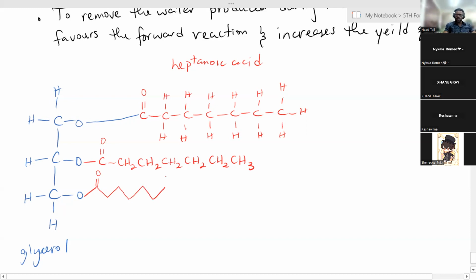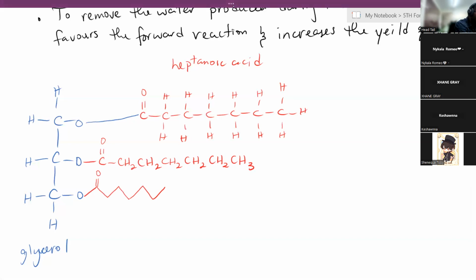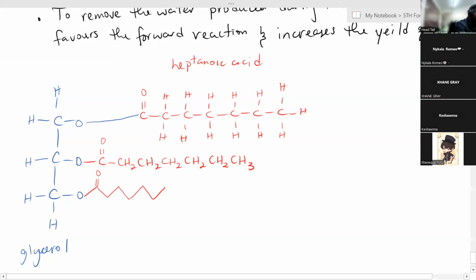So just for a recap of what we would have done in this area here, if you remember when we did the line structure, I was telling you that the angles are carbons. So that is 1 carbon, 2 carbon, 3 carbon, 4 carbon, 5 carbon, 6 carbon, and the end here, 7 carbon. They represent carbons and the hydrogens are understood.